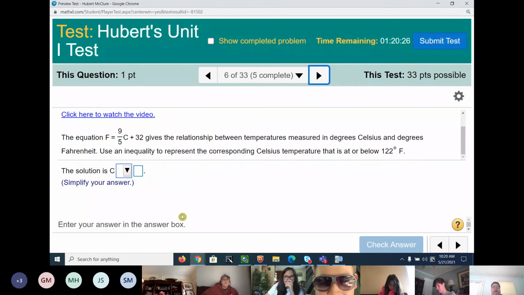Here is the formula for Fahrenheit. Yeah, that one tripped me up a little bit. Fahrenheit is equal to 9/5 times Celsius plus 32. And they want to know, use an inequality to represent the corresponding Celsius temperature that is at or below 122 degrees Fahrenheit.